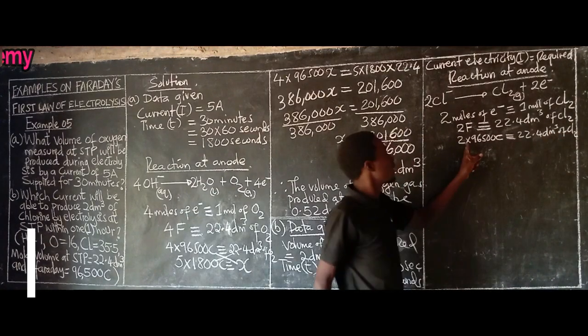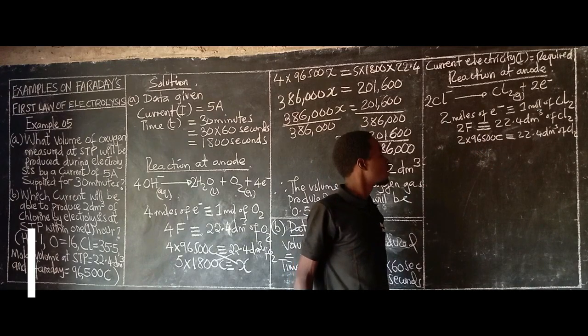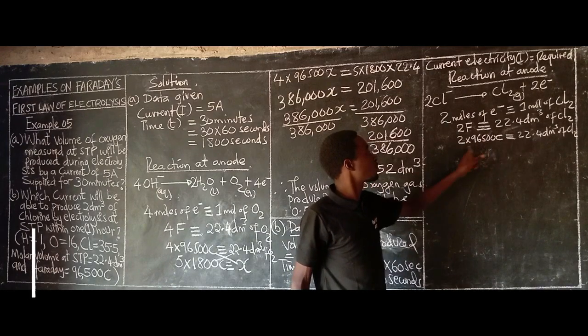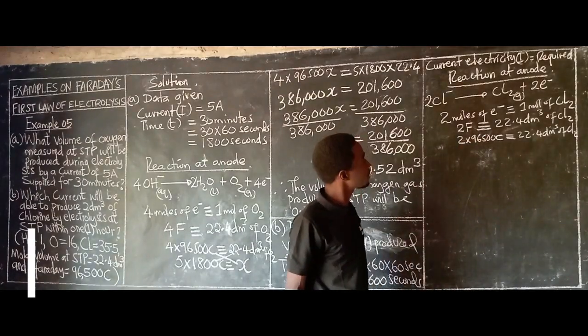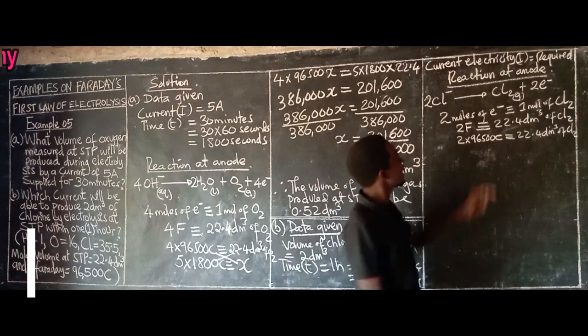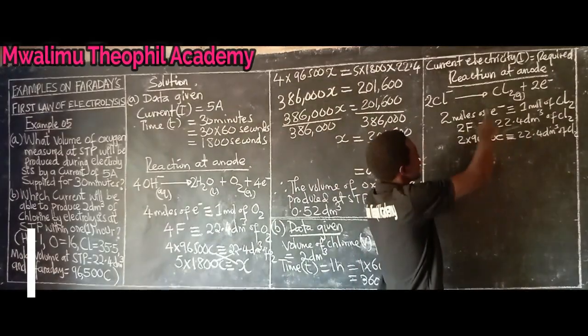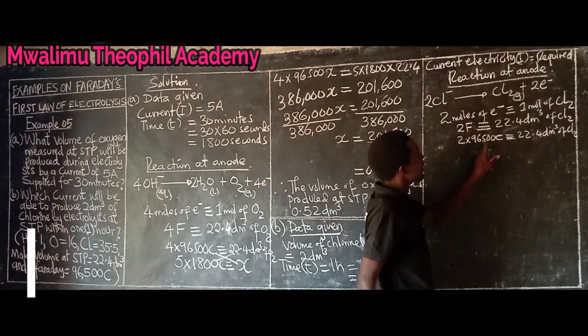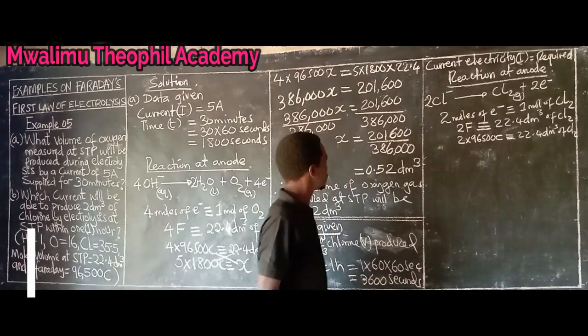I have multiplied 2 by 96,500 to get the total amount of charge, because 1 Faraday is equal to 96,500 coulombs. These are the values from the standard balanced chemical equation. Now let us relate them with the values from the given data.